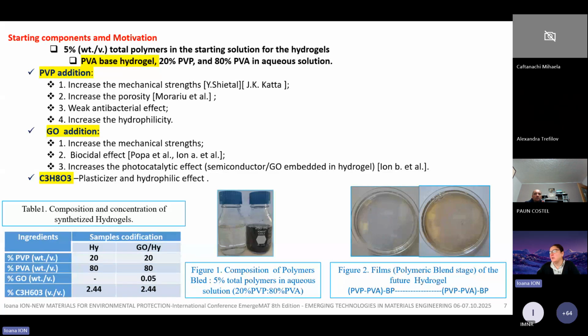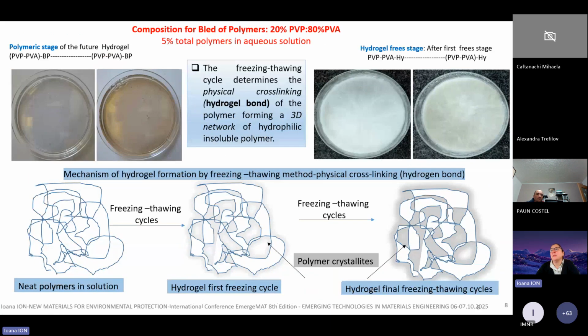In figure 1 is presented the solution of gel, and in figure 2 is presented the film. The solution was cast in the Petri dish. These are the first Petri dishes before being dried to obtain film, or being frozen to obtain hydrogel. The first method to obtain hydrogel was a physical one.